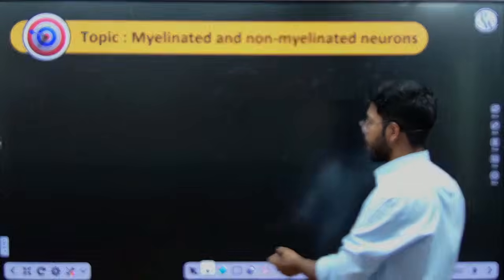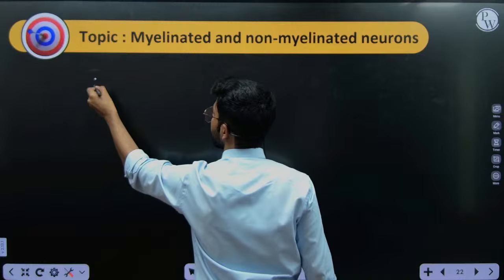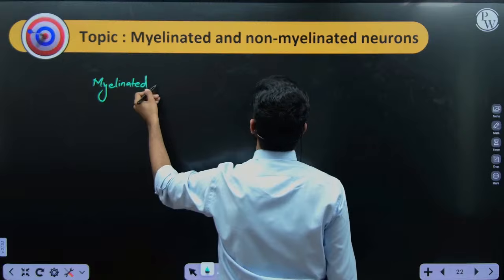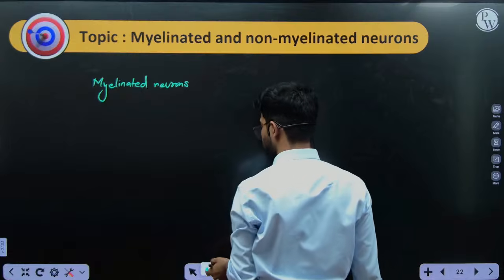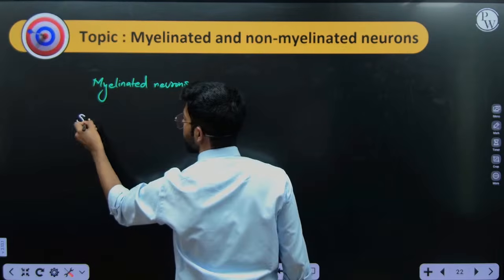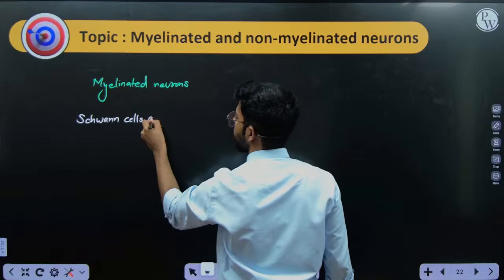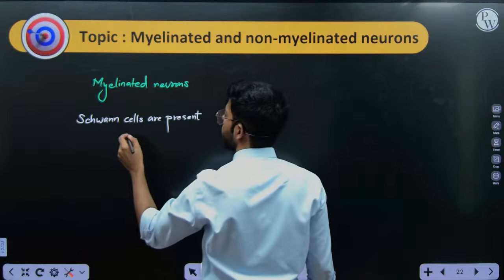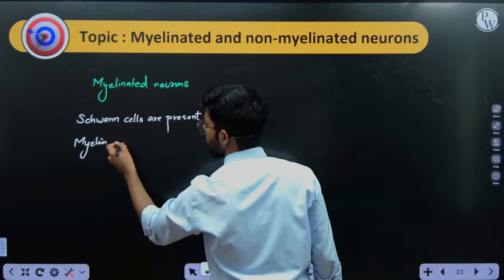And now the topic is myelinated and non-myelinated. So in myelinated neurons, Schwann cells are present, and also myelin sheath.